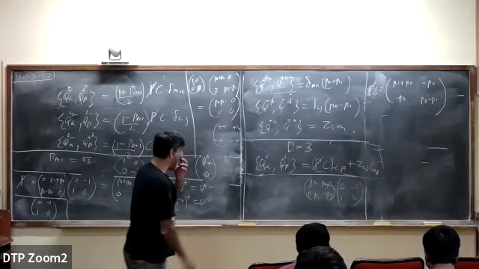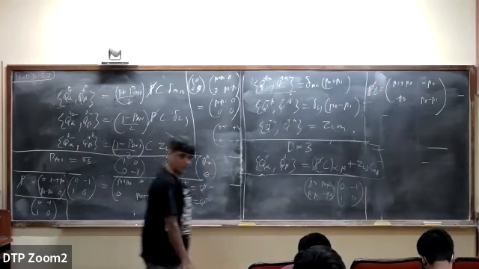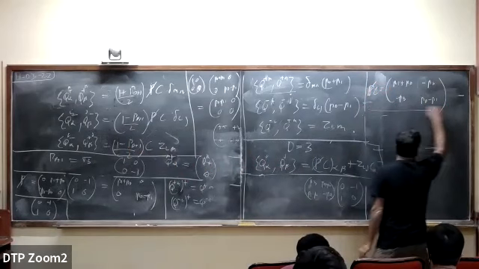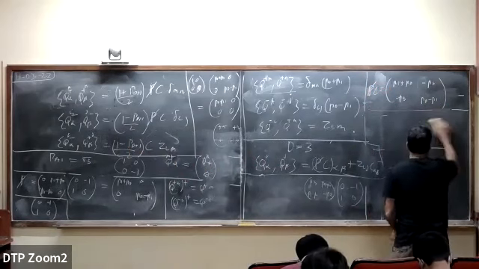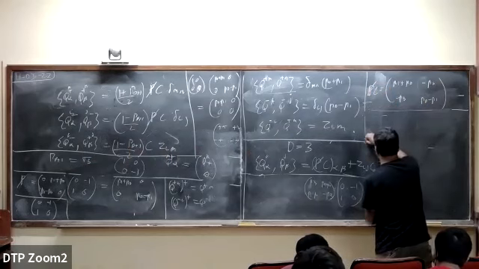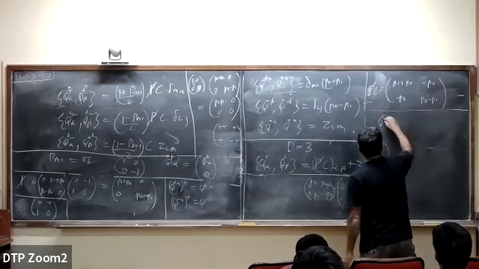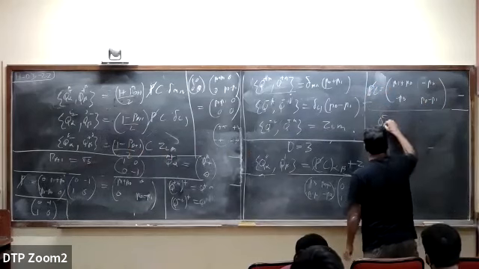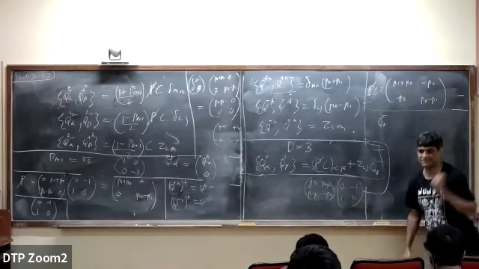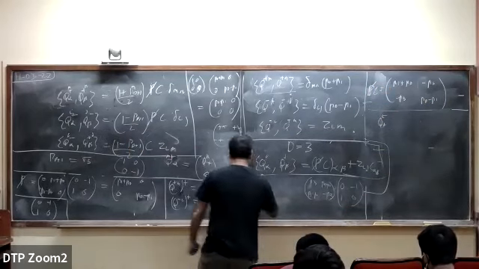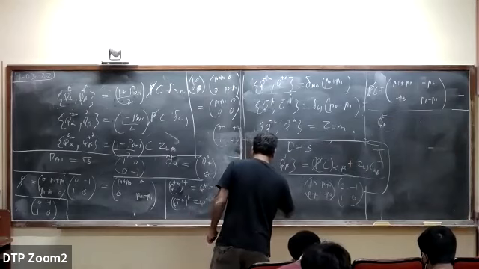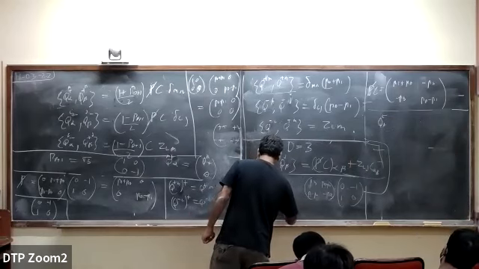Okay, so ignoring the central charge for a moment, what have we got? I'll continue to call the components of Q, Q plus and Q minus. So Q^I is equal to Q^I plus and Q^I minus.